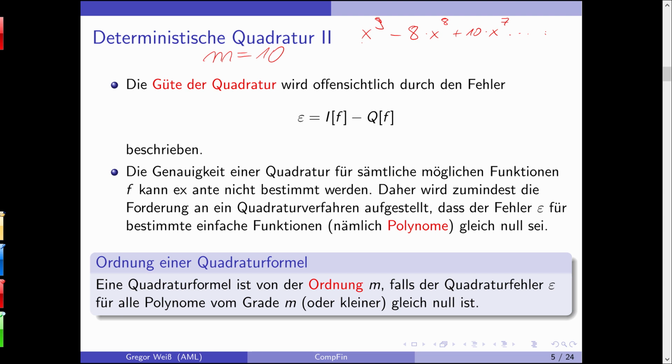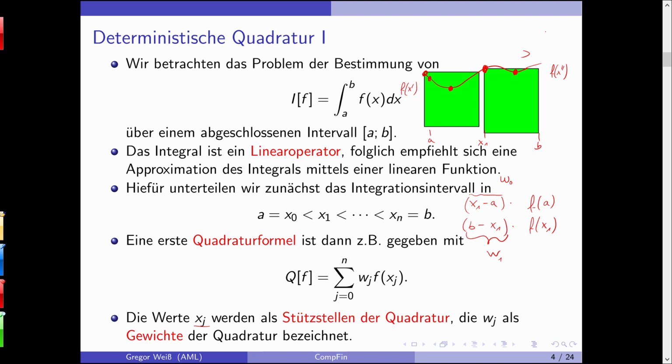What is the main ingredient you can change to increase the accuracy of your quadrature? If you think back to this example here, what is the main parameter you can actively change?